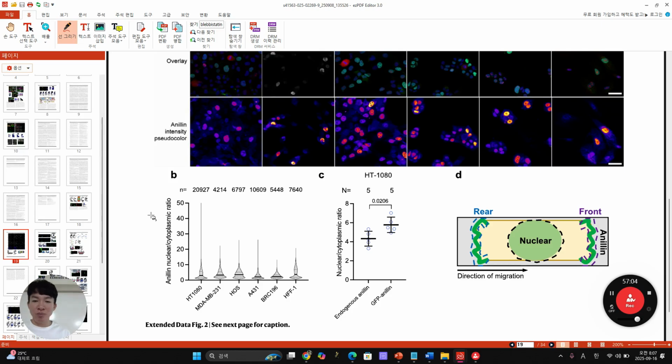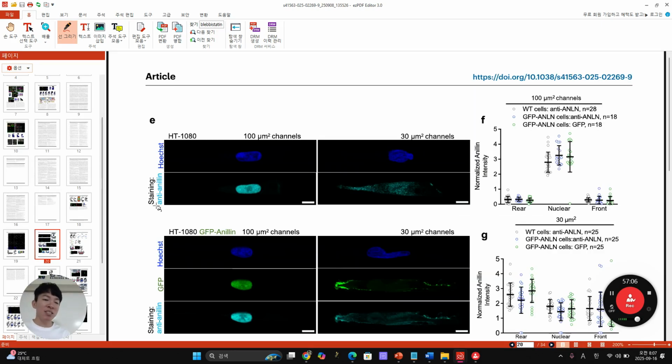I'll show you. Here they used anti-anillin, without GFP-anillin. They just stain the cells, no transfection. Even with anillin staining, they can detect it in the 30 micrometer channel, where cells are more squeezed out, right? So, wild type cells stained with anti-anillin, and GFP-anillin detected by the GFP color. All of them show a similar tendency.